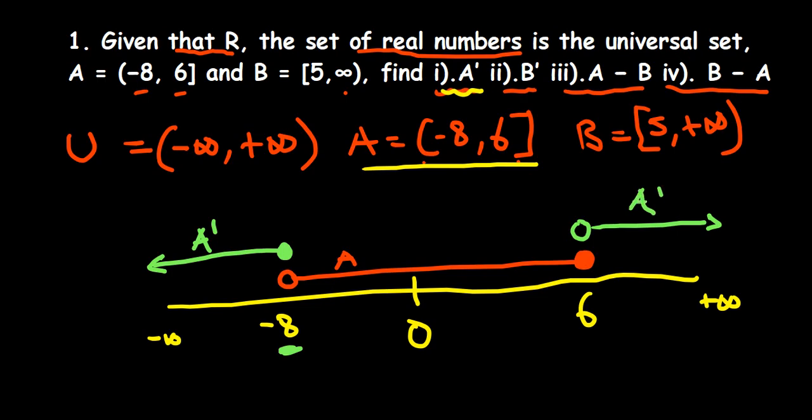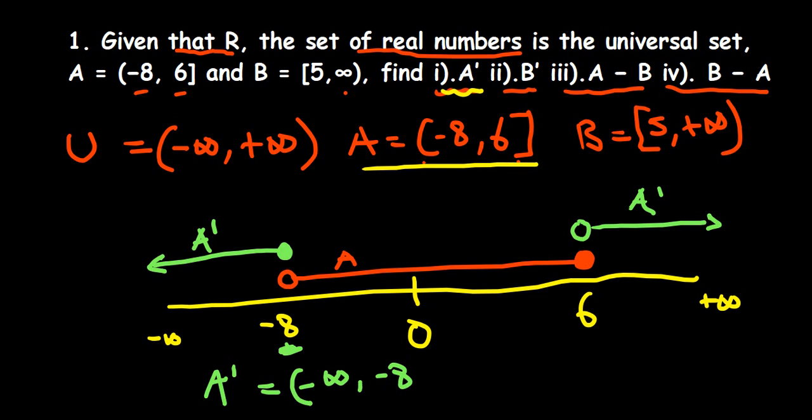Okay, so now we get the set A complement. We're going to say A complement is equal to, the first part will be from minus infinity all the way to what? To minus 8. We see that this minus infinity is never included in any set. And then at 8 here we see that this line that I've drawn in green is shaded at minus 8.